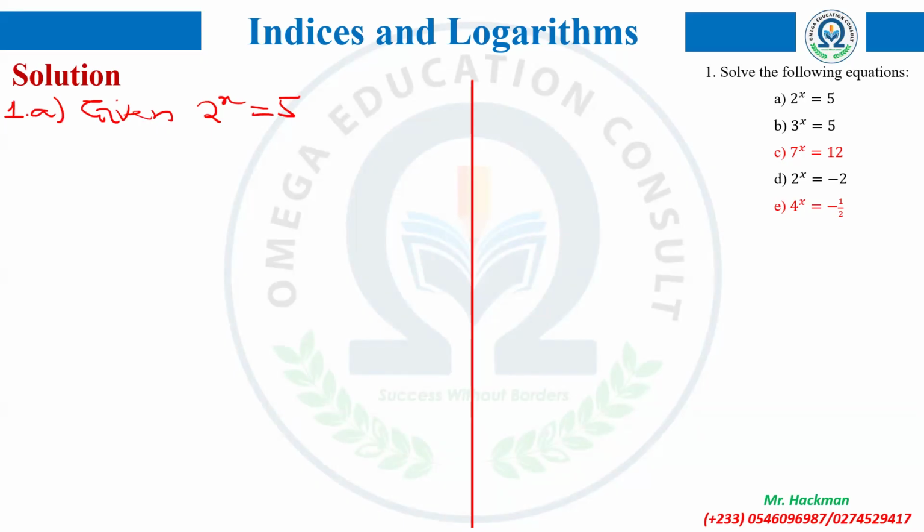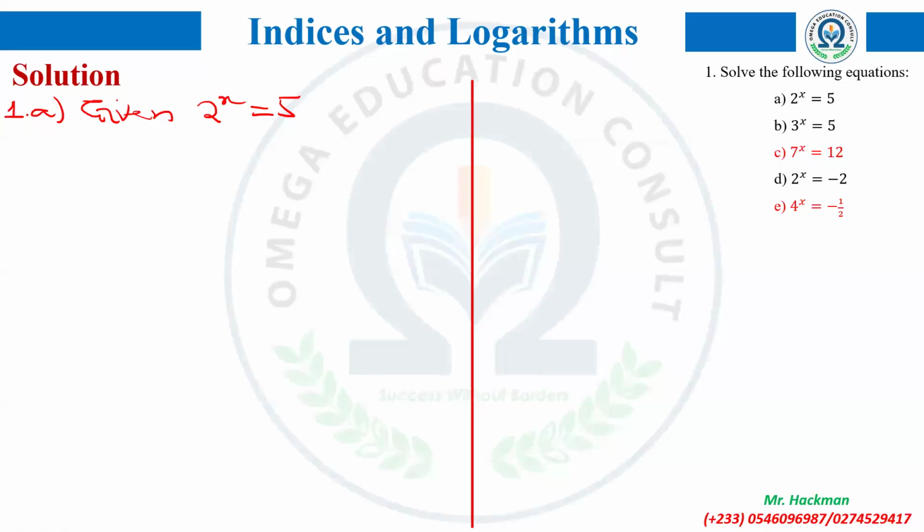Ask yourself whether you can write both sides with a common base to a particular power. Obviously, this is 5 to the power 1, and 2 to the power x. There is no way you can write the number 2 to have the same base as 5. Again, there is no way you can write 5 to have the same base as 2. Do you agree?